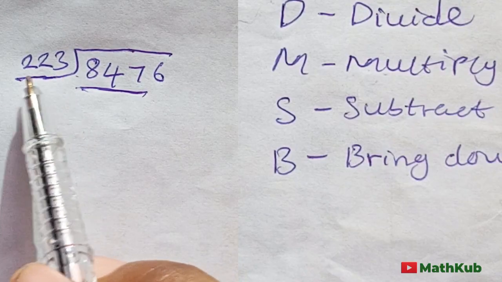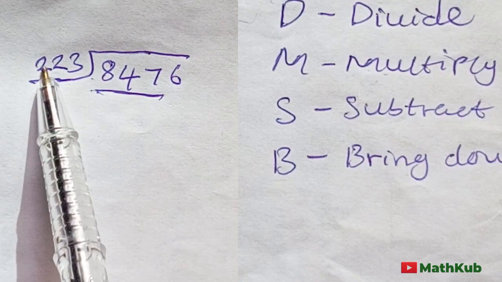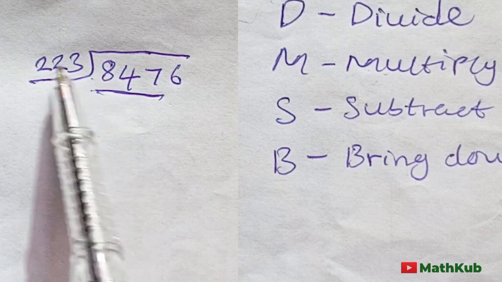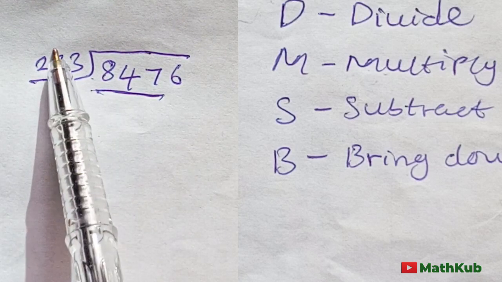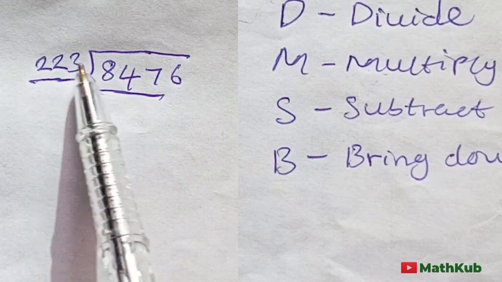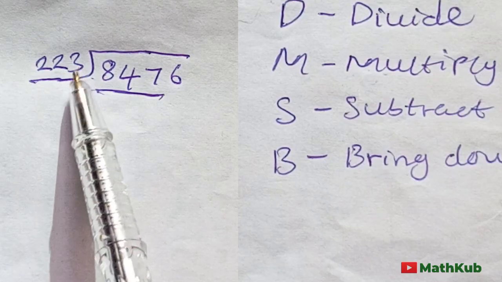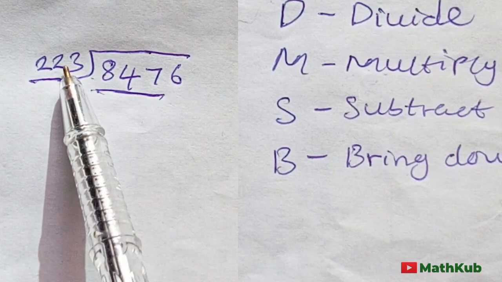Let's check something. 2 times 4 is 8, and 2 times 3 is 6, so 4 can go.